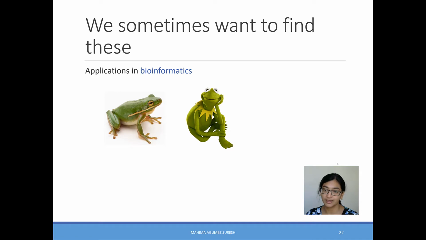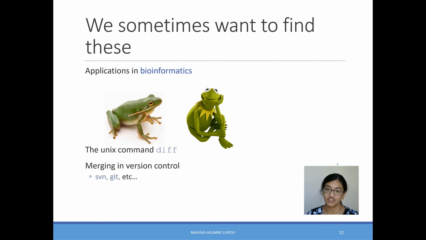For version control, for example, most of you have used Git for your projects. When you want to find out what has changed between two versions, the common subsequence problem can be applied to see what has changed between the previous version and this version. And also for merging two versions.